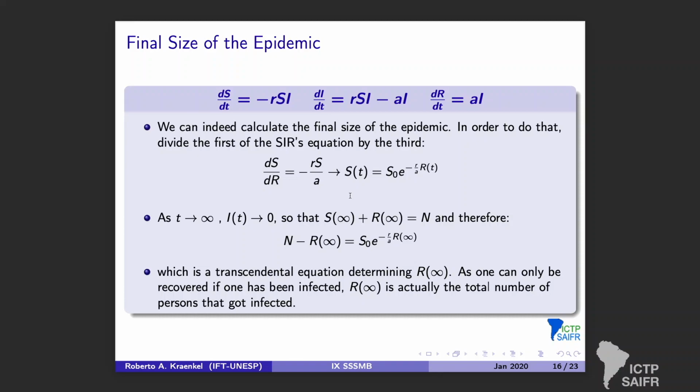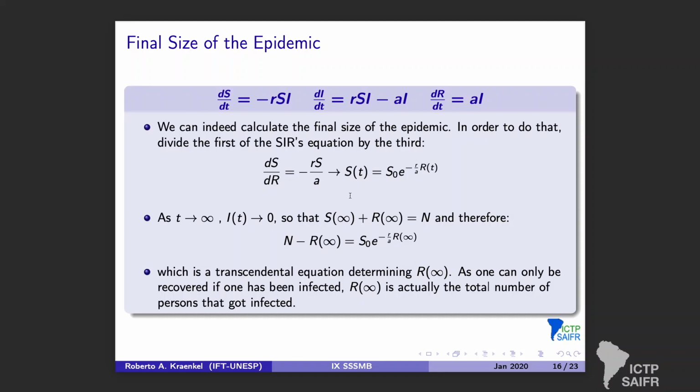At the end of the epidemic, there are no infectious people, and R has no reason to be equal to n. Actually, R equal to n is not a solution.